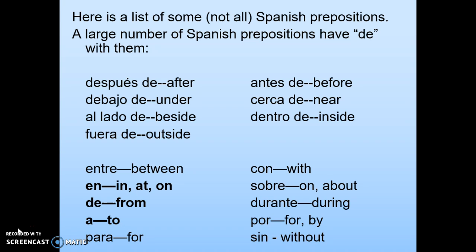And here's probably more of the common ones that you've seen or heard me speak of. Entre means between, en, which can mean in, at, or on, de, which can mean from, a, to, para, for, con, with, sobre, on or about, durante, during, por, for or by, and sin, which means without.